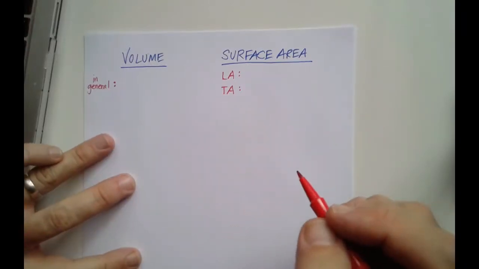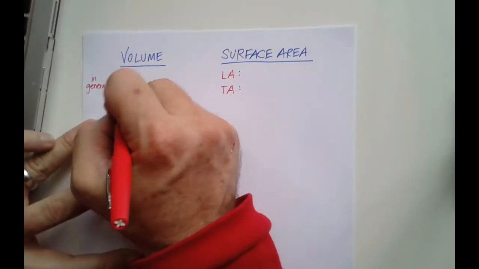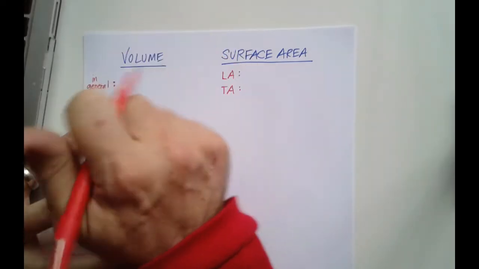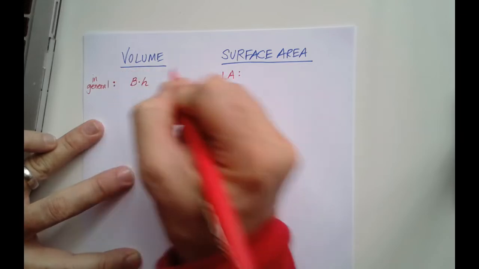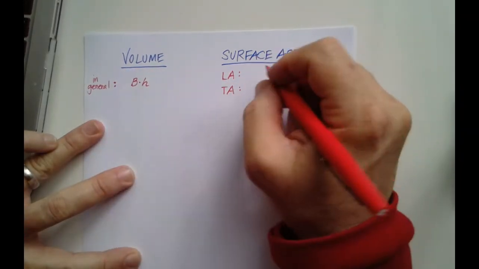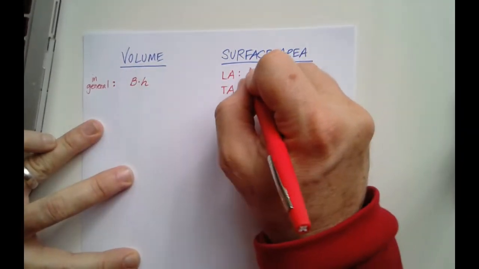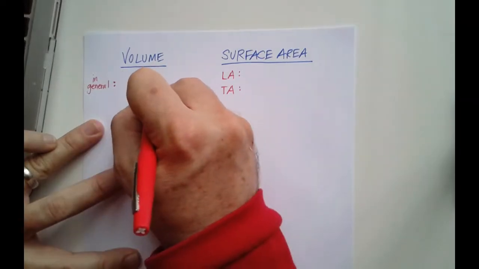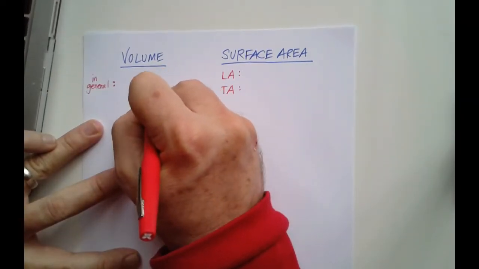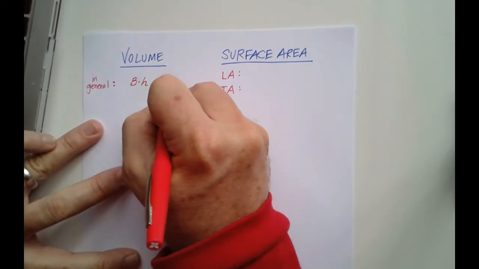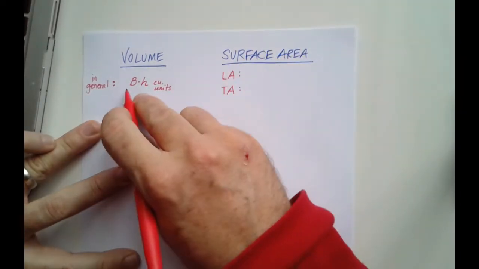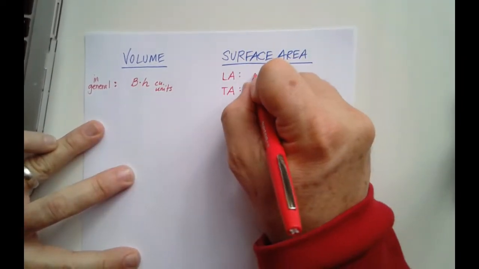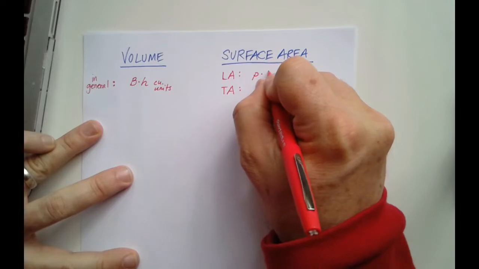So let's take a look at the formulas that we've gone over. With volume, we had what? Area of the base times height. Now with lateral area, this is, of course, cubic units, excuse me. And then over here, lateral area, instead of doing area of the base, it's the perimeter of the base times height.